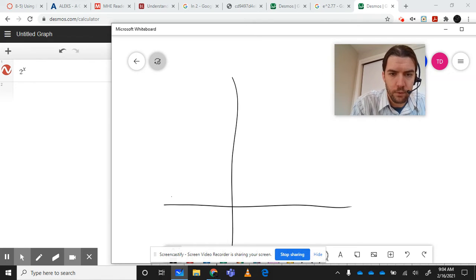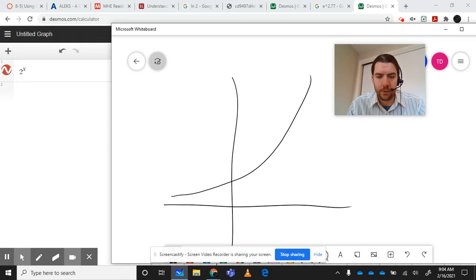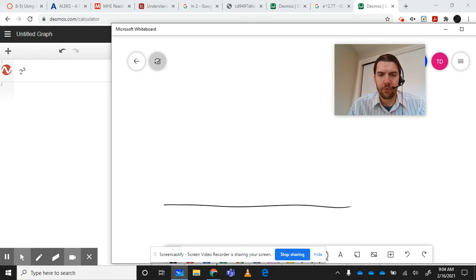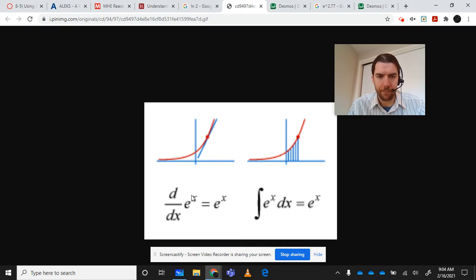You'd have some function here and you'd be looking for some area in between. Now, that is not a very easy thing to do in calculus, to find the areas under graphs. What can make it especially easy, though, is if the base of your exponent is e.